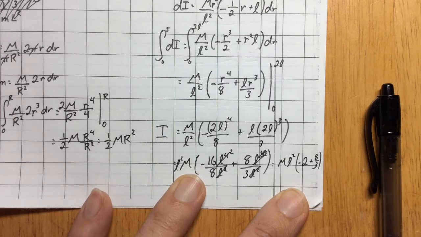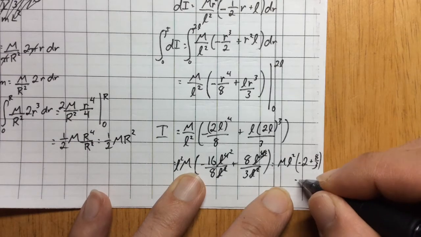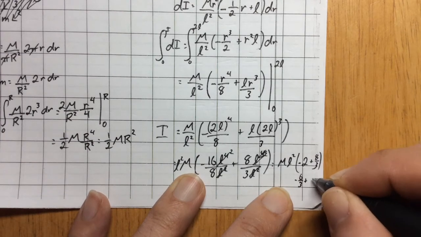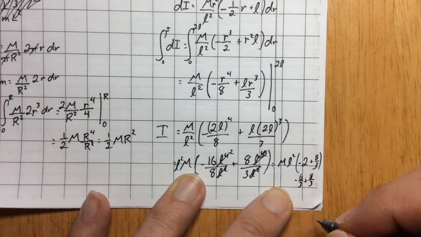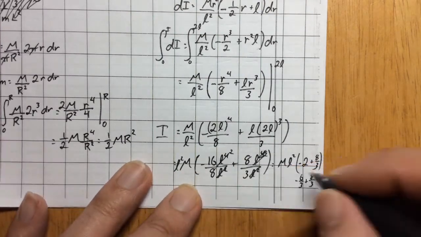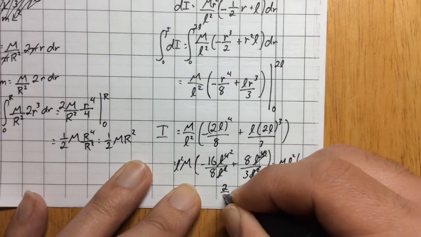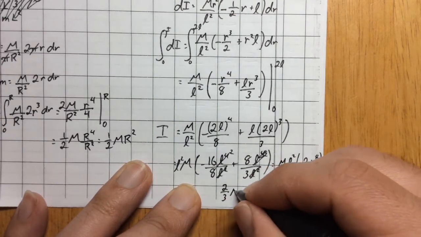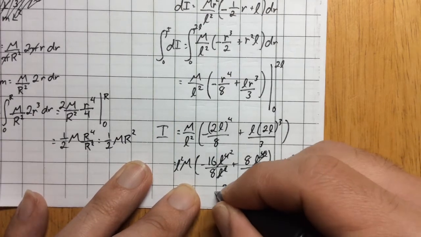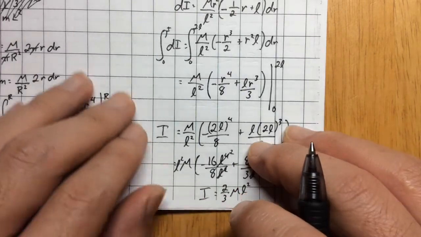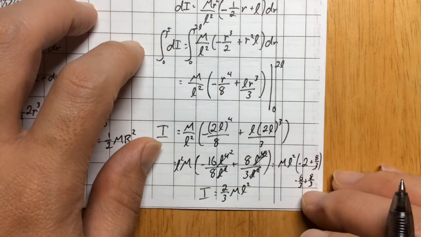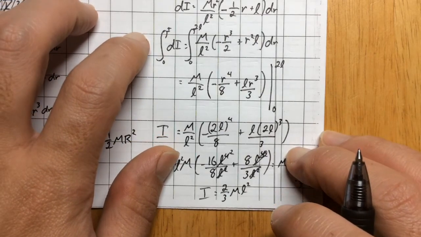Common denominator here, negative 2 over 1 is negative 6 over 3, plus 8 over 3. That's good news, because negative 6 plus 8 is 2/3. So, 2/3 M L squared is equal to the inertia. Ladies and gentlemen, 2/3 M L squared from all that.